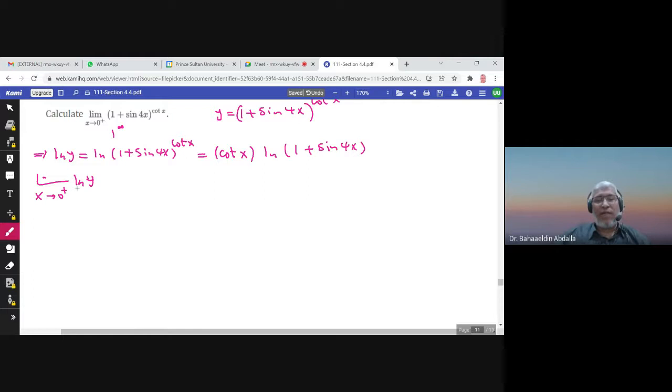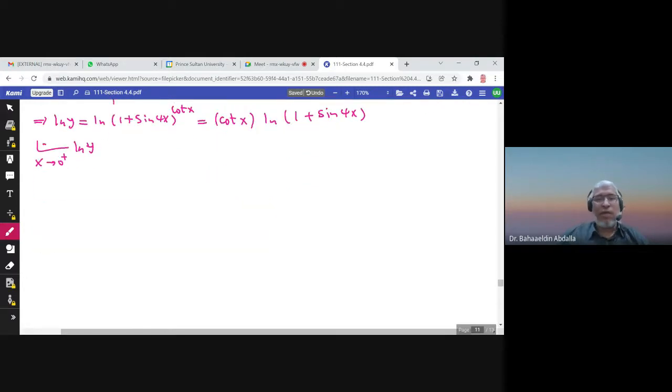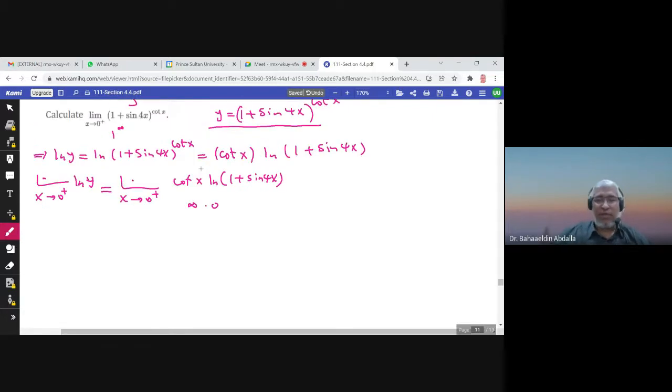After I find the limit of ln y, I'll find the limit of y, and y is the function we need to find its limit. So the limit of ln y would be the limit of this function cotan x times ln of 1 plus sine 4x. Cotan 0 is cosine over sine, 1 over 0, that's infinity. And ln 1 is 0, so we have 0 times infinity.